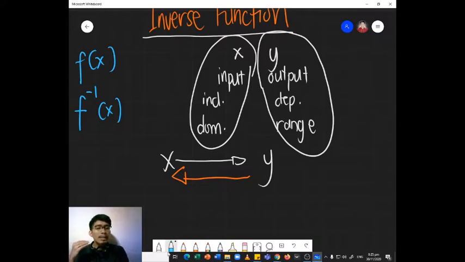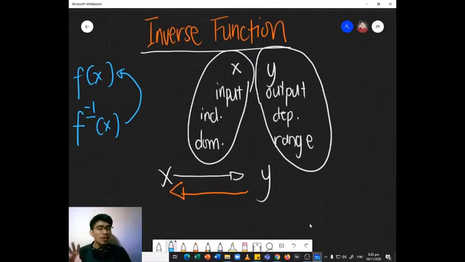It means this is the inverse of f of x. You put -1 to indicate that you are getting the inverse of the original function. That's how we denote the inverse function mathematically. I do hope that the definition of the inverse is clear to you.